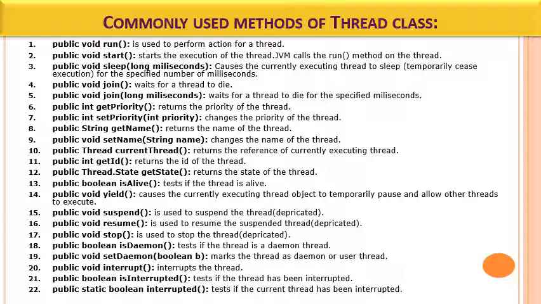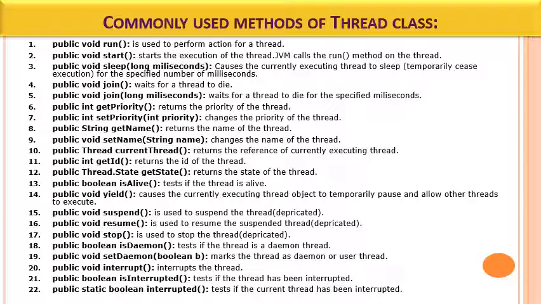The getState method will return the state of the thread, in which state the thread is: runnable, running, newborn, or dead. Whatever the thread state is will be returned by getState.